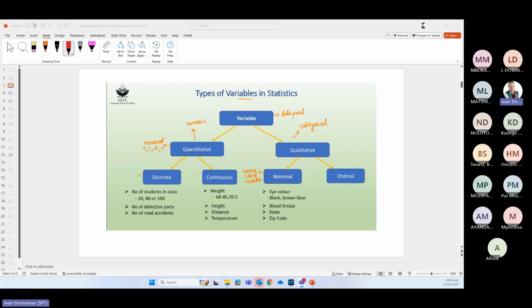We have the quantitative, which, if you look at that first component where they say quantity, is all your numeric measurements that you can get. So quantitative is linked to numeric.